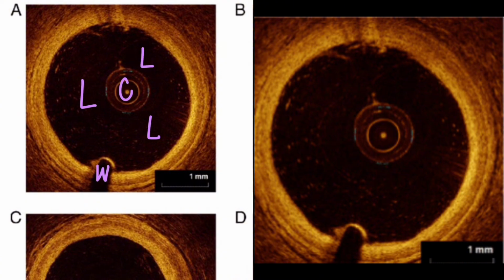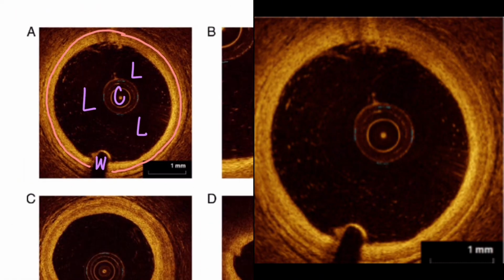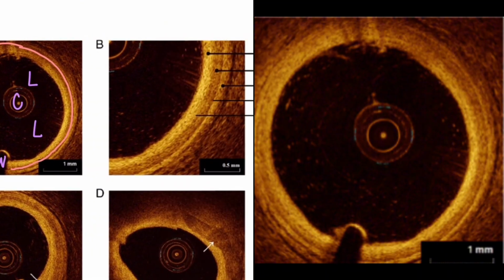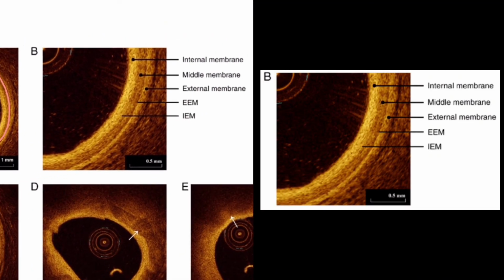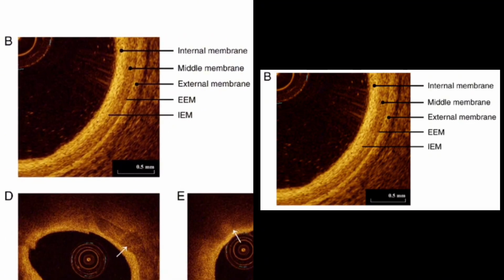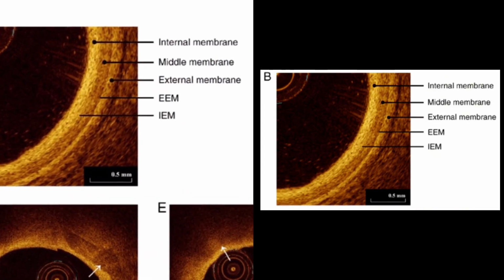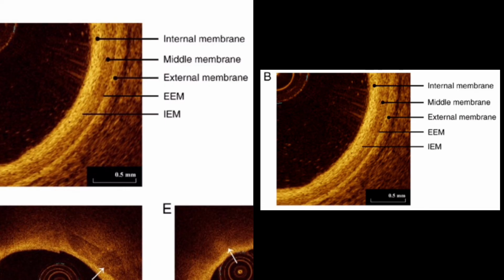The lumen is nice and large, but I would say this is the media. And again, sometimes I have to use my imagination out here. Now, this is where we talked about the external elastic membrane, the external elastic lamina. On a microscopic scale, this section is the intima.